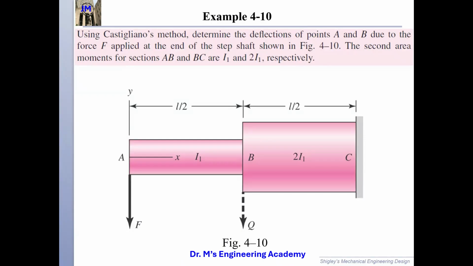We still use that convention: if we cause this beam to rotate counterclockwise, it is positive. That means F multiplied by X minus M_z equals 0. Are you guys okay?